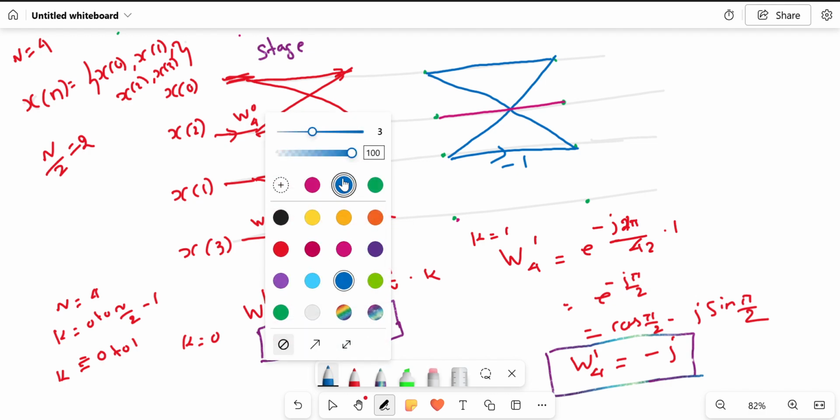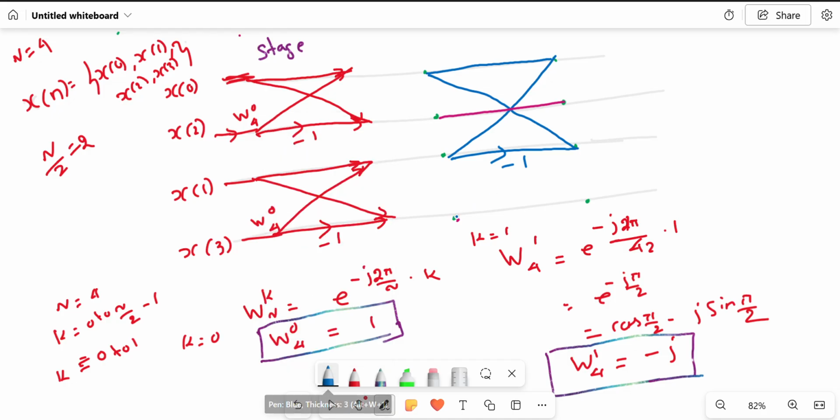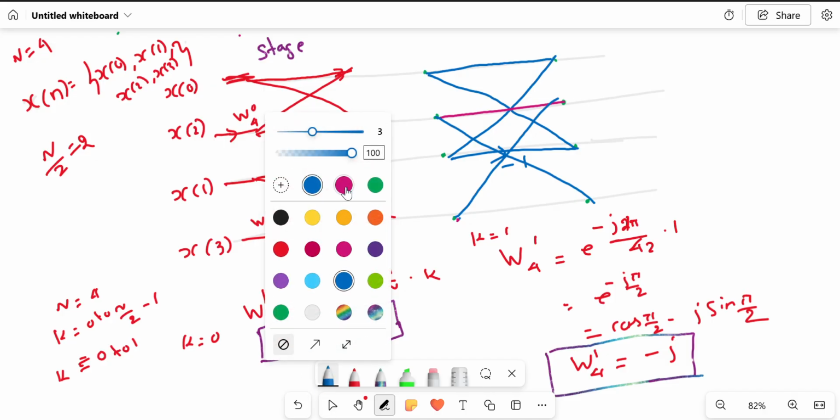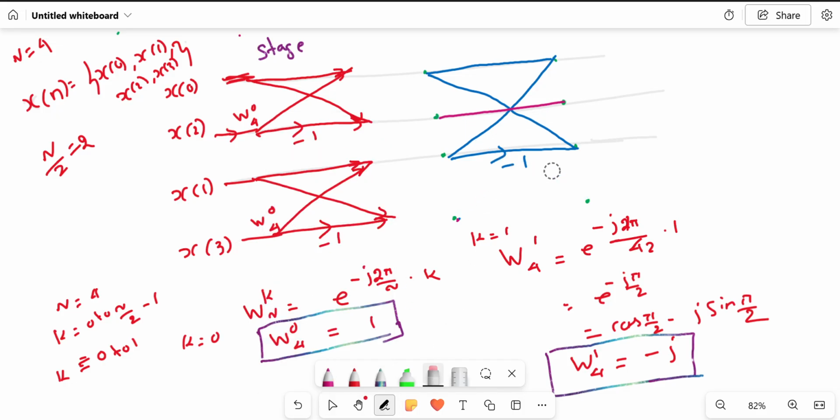Then pink color, we have to choose pink color. Okay, pink color.